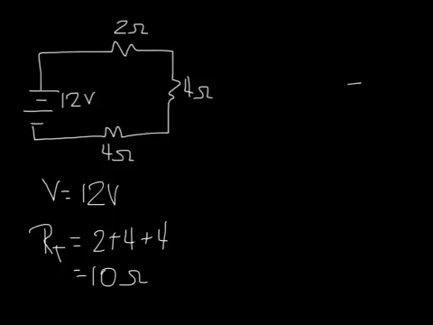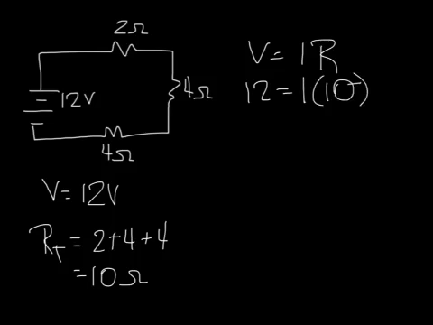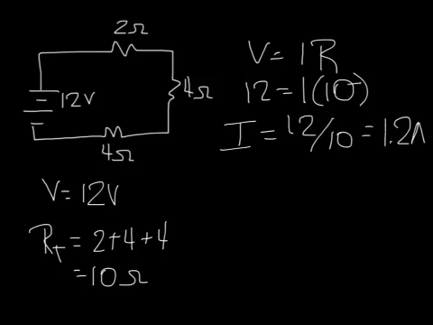So what do we know? We know voltage is equal to current times resistance. We know 12 is equal to current times 10. So that means current is equal to 12 divided by 10. So we have 1.2 amps of current running through that system.